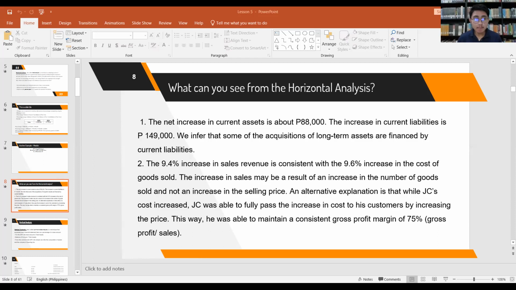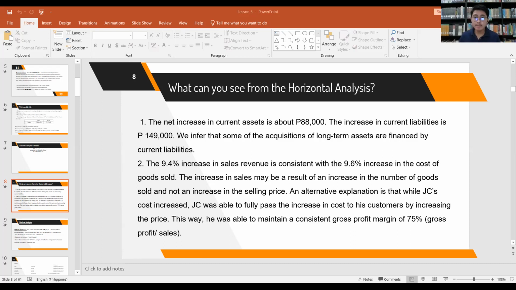So, for example, JZ Trading Company, which is already given to your module. So we are using that statement of financial position of JZ Trading Company as of December 31. So dito, we are using the horizontal analysis. Sabi nga natin, kapag gagamit tayo ng horizontal analysis, we need at least 2 years or 2 consecutive years para makuha natin yung peso change and percentage change.